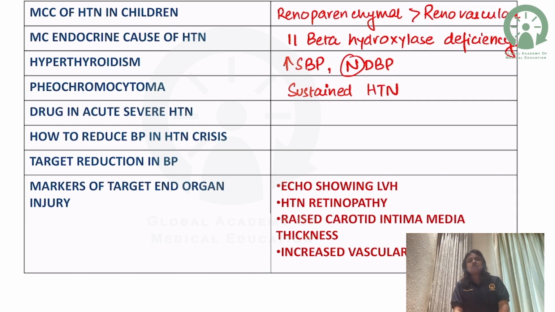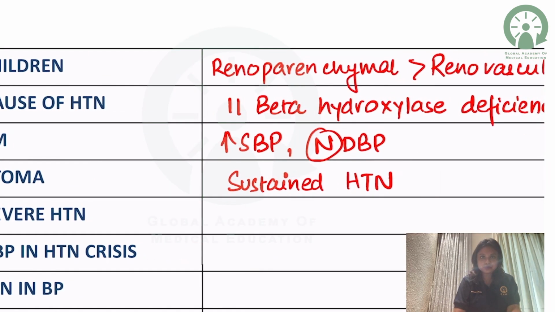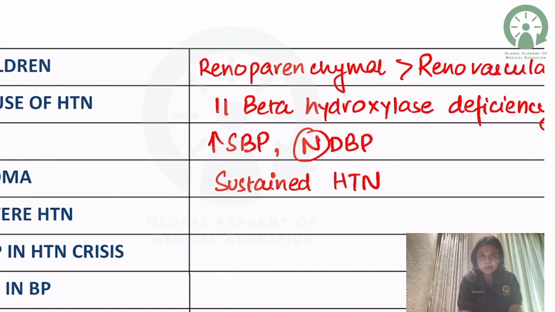So what is the drug that we give in acute severe hypertension? Before telling this, let me tell you, there is a term called hypertensive crisis or acute severe hypertension. Hypertensive crisis can be divided into two types.